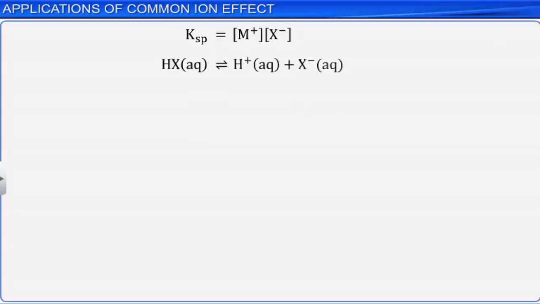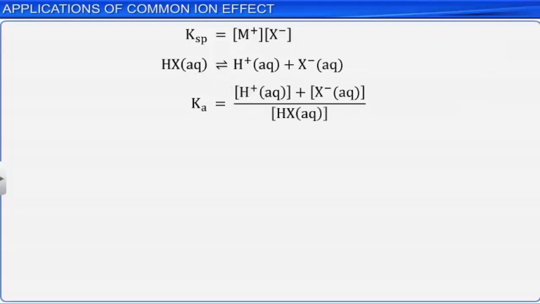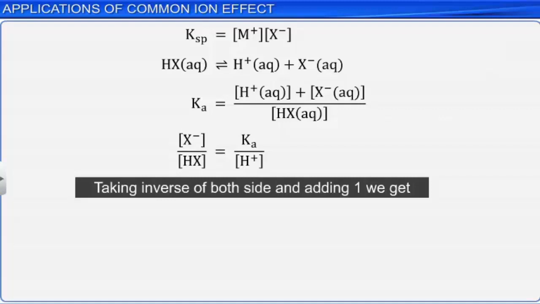Then Ka is equal to the product of molar concentrations of H⁺ and X⁻ divided by HX concentration. On rearranging the equation, we get [X⁻]/[HX] equal to Ka/[H⁺]. Taking inverse of both the sides and adding 1, we get [HX]/[X⁻] + 1 is equal to [H⁺]/Ka + 1.